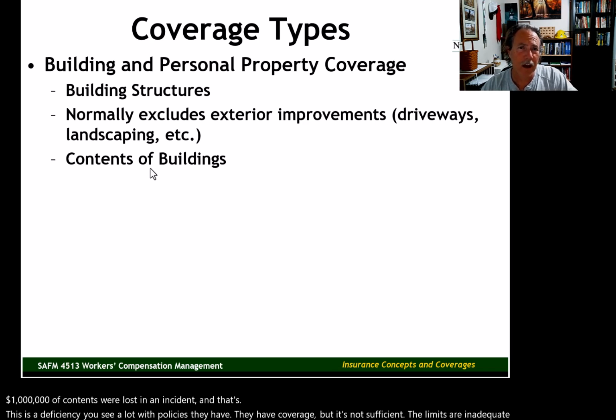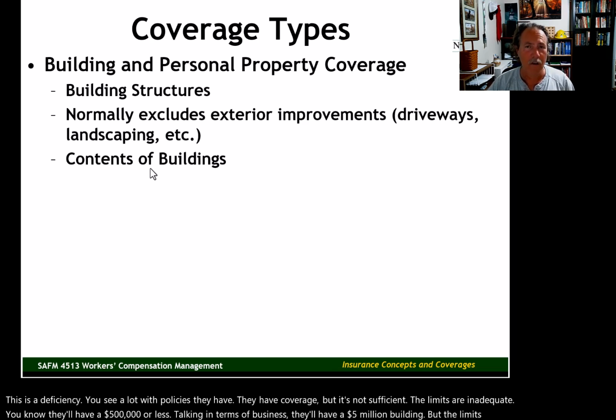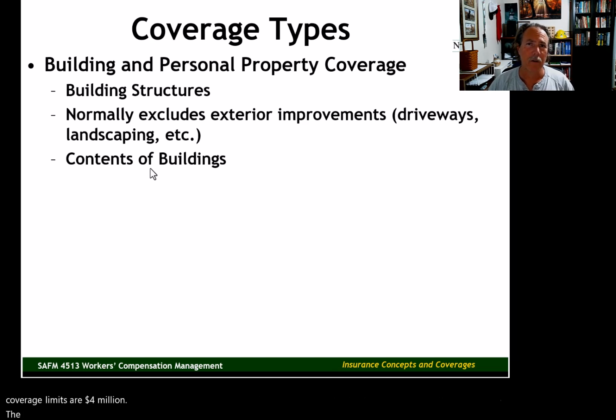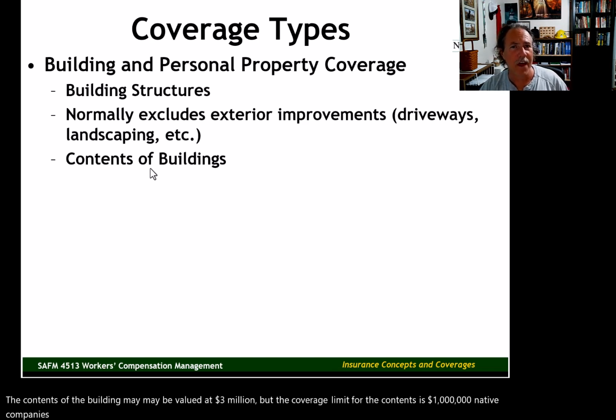Let's talk in terms of a business, they'll have a $5 million building, but the coverage limits are $4 million. The contents of the building may be valued at $3 million, but the coverage limit for the contents is $1 million. Companies need to ensure that their limits are appropriate for the facilities that are covered by the policy.